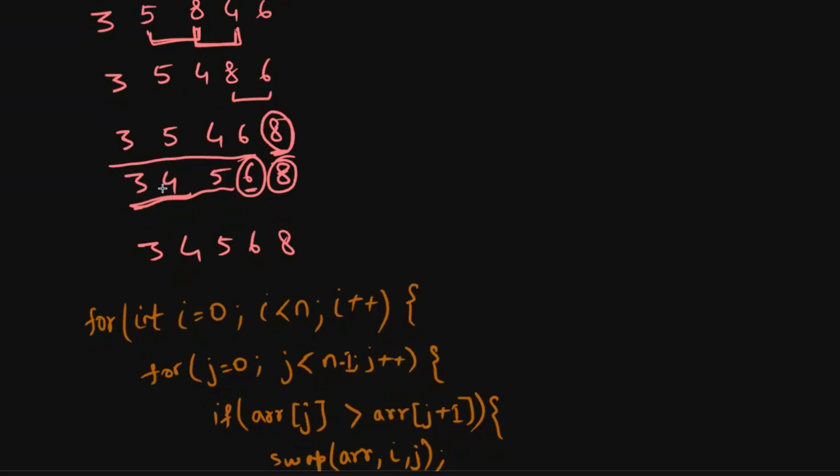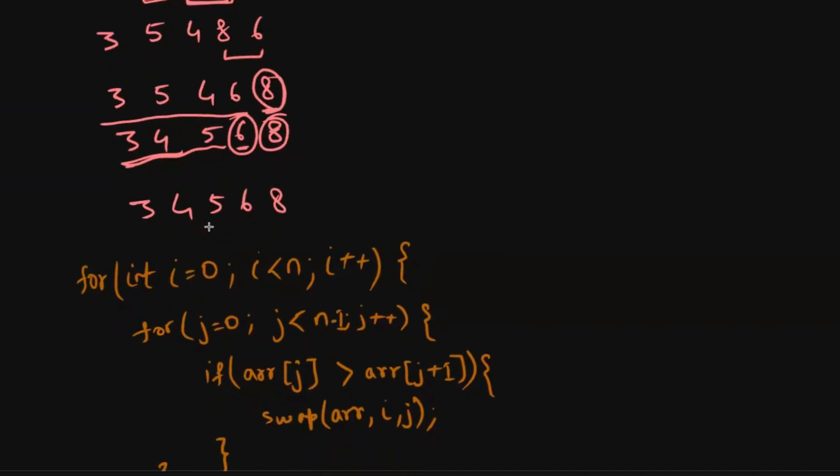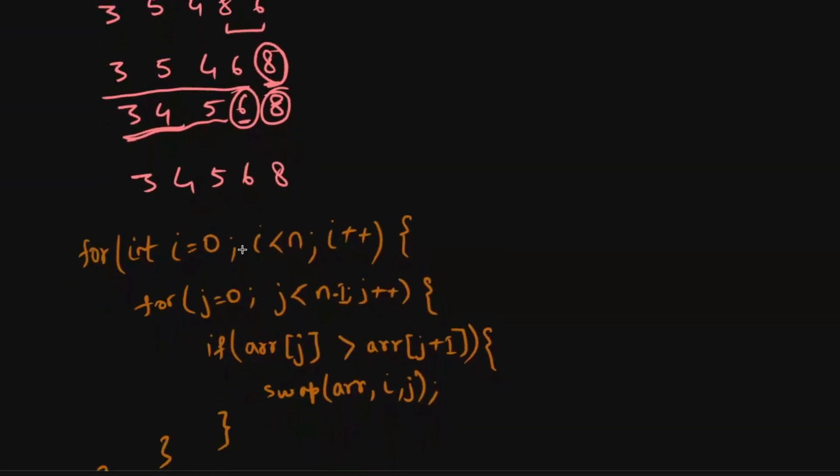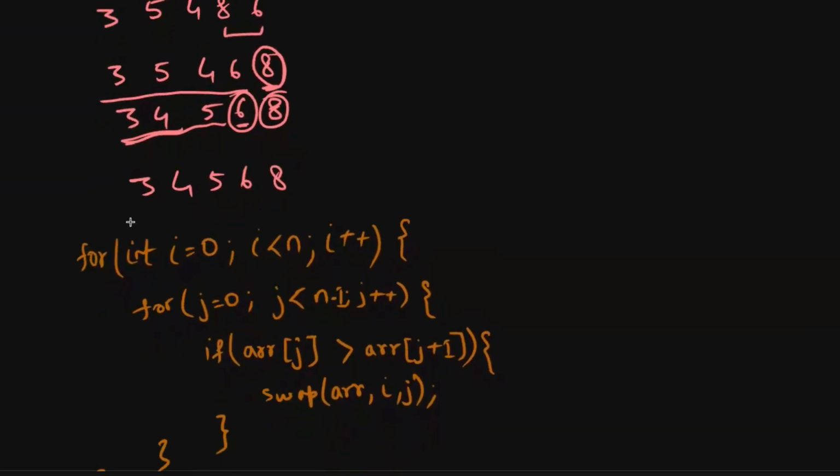So this is already sorted. 4 is compared with 5, 5 with 6, sorted. Now 6 is compared again with 8 here. That's okay. For now, let's go ahead without decrementing it, but we can decrement it later. The 6th position will be fixed by now because this will not be swapped. Again, 3 and 4 would be compared, 4 and 5 would be compared. This is how, and ultimately this array will be sorted.